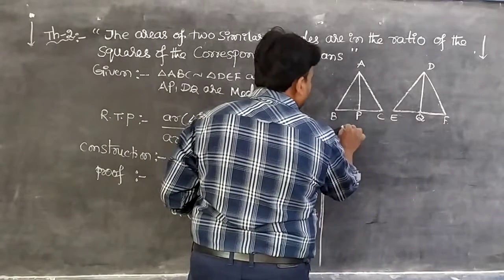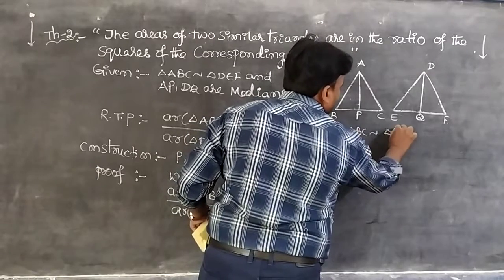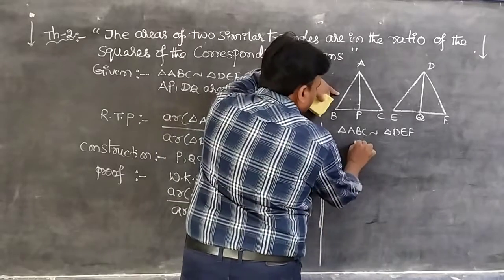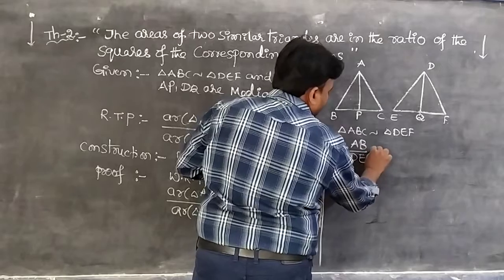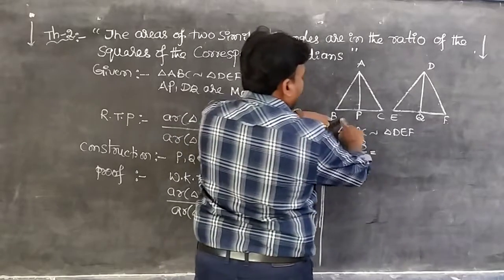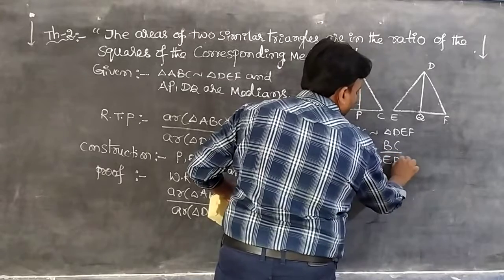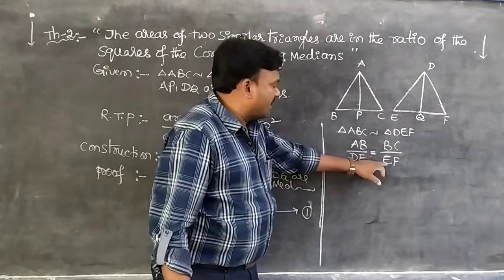So learn carefully. We take the ratios AB by DE equals BC by EF. I take just two ratios only.